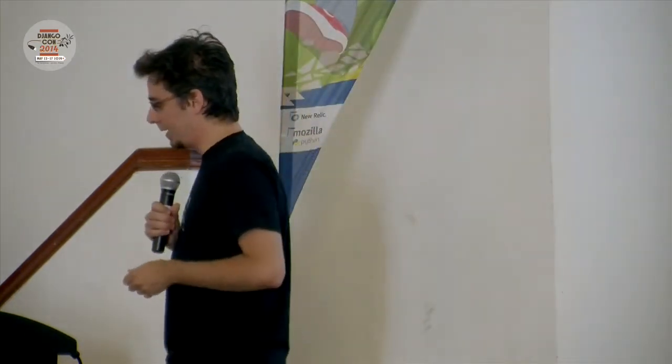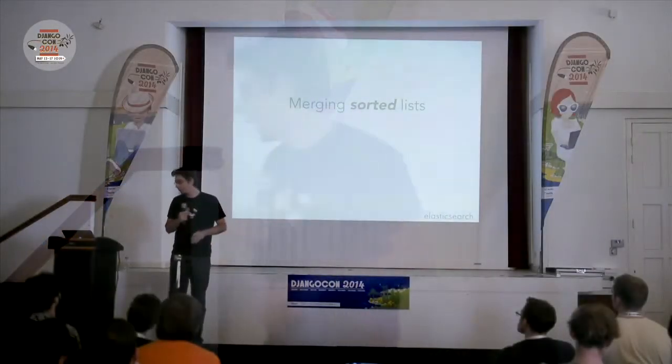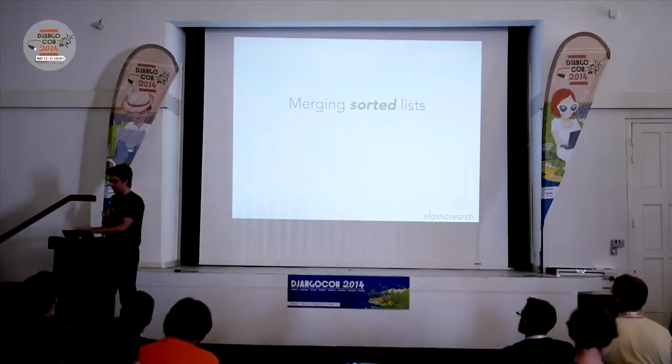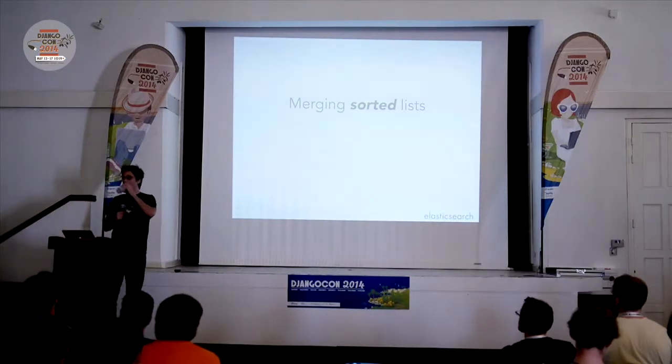So this gives us a lot of leeway in how we use things and what we can find. And just to reiterate over and over, we are again just merging sorted lists. Very efficient operation that can work across indices and fields, and it lends itself very nicely to optimizations.